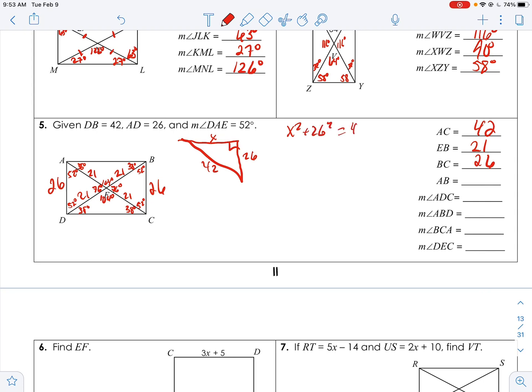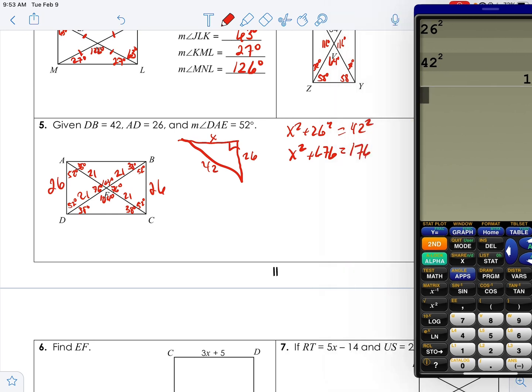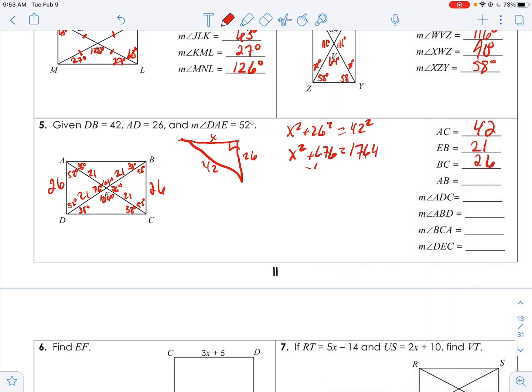So X squared plus 26 squared equals 42 squared. X squared plus 26 squared, which is 676, equals 42 squared. 1764 minus 676.